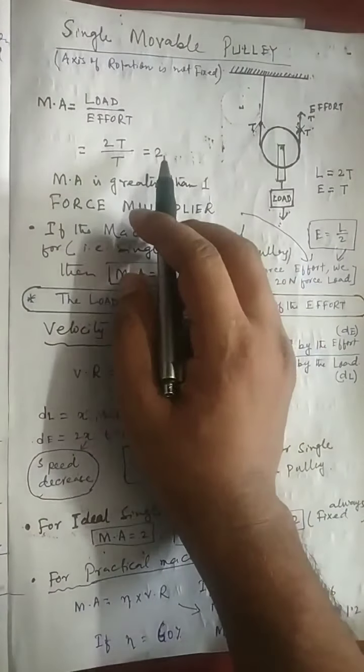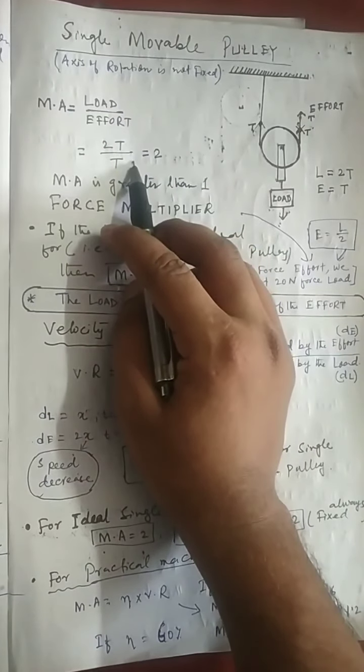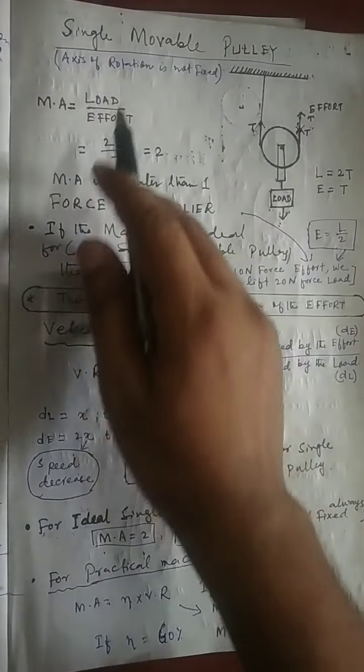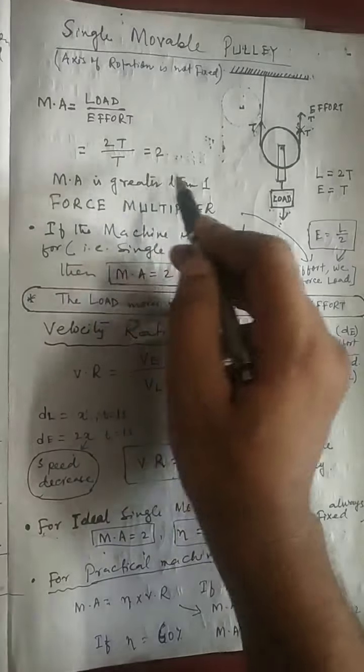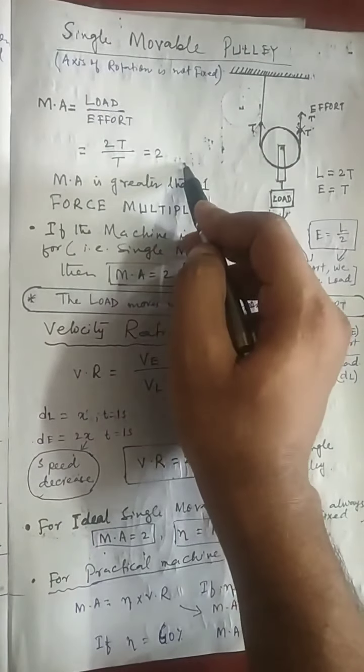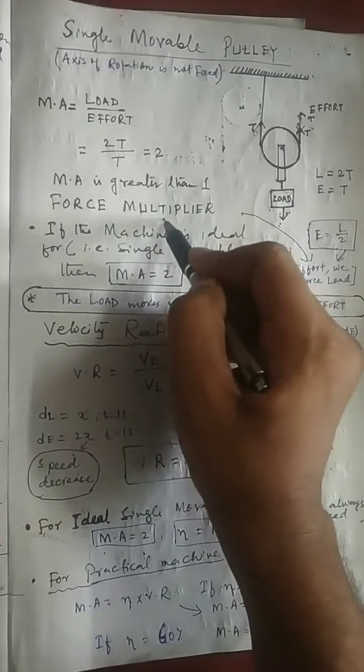I explained this in a previous video, the first video of a machine. Now the mechanical advantage is greater than 1. Here look at this, the mechanical advantage is 2, which is greater than 1, so it acts as a force multiplier.